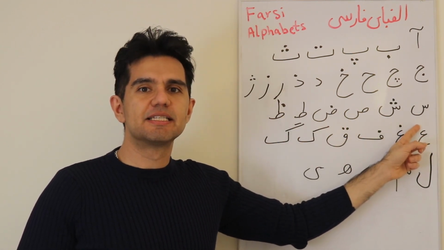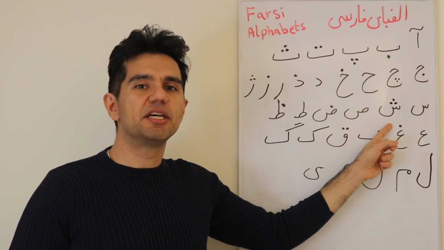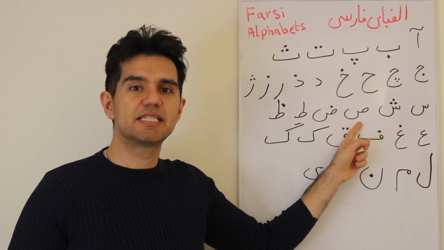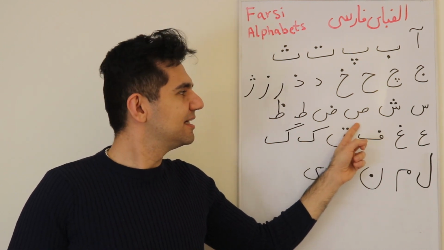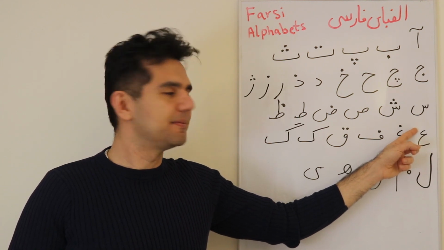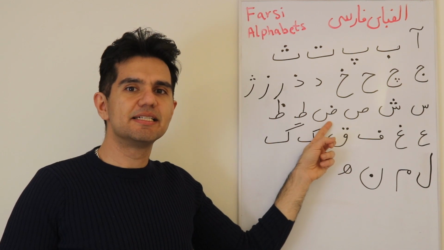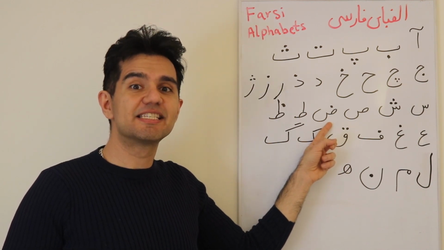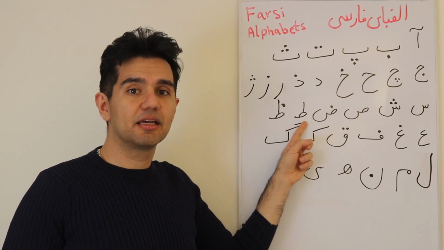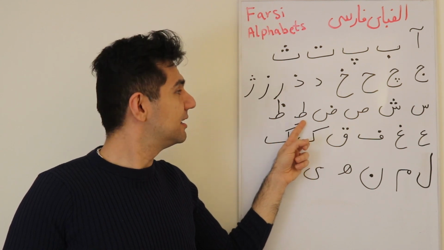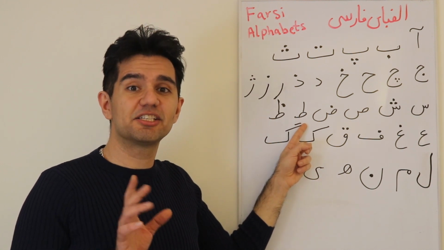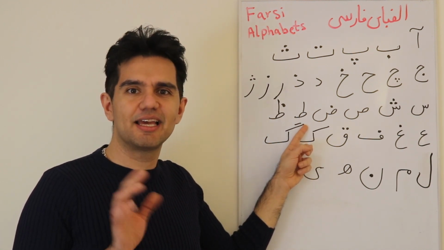S, S, Sh, Sh, S, S, again, S, both of them sound S. Z, Z, another Z, T, T, another T, both of them sound like T. The dictations are different, but the pronunciation is exactly similar.